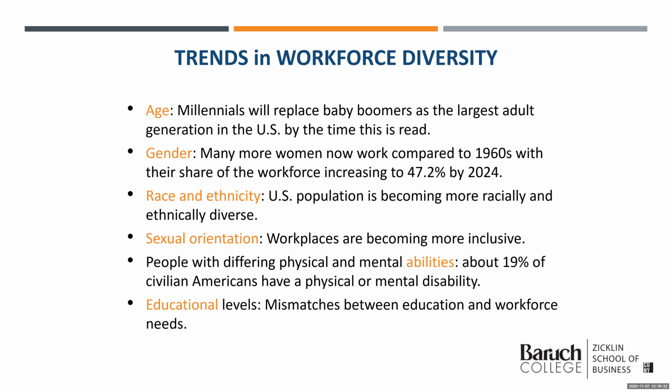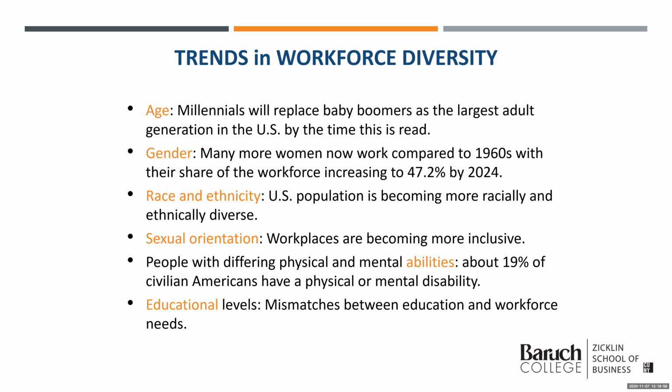Workplaces are becoming more inclusive now regarding sexual orientation. There's also people with different physical and mental abilities. This slide points out that 19% of civilian Americans have a physical or mental disability. That's 1 in 5, so that's a pretty significant share. There's changes in educational levels. Currently, there's a mismatch between the level of education that people have and what's needed by the workforce.